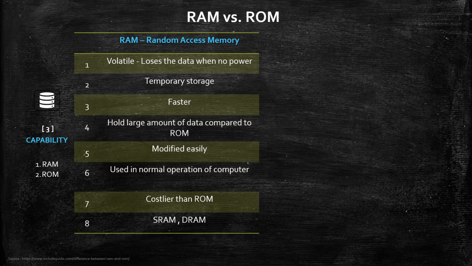Second point, RAM is a volatile memory. What is the meaning of volatile memory? It loses the data stored in it when the power is turned off. So suppose there is no power supply, in that case RAM will be empty. So we cannot save data in the RAM on a permanent basis.